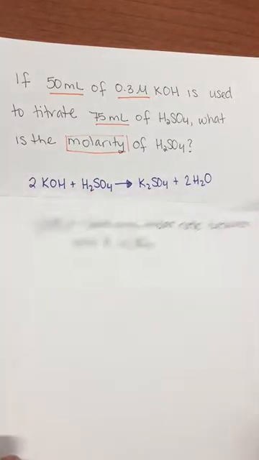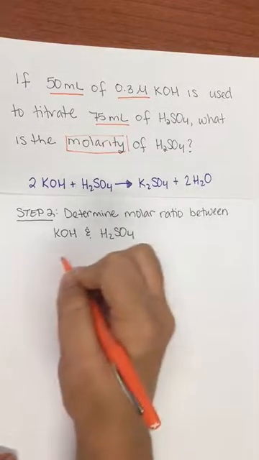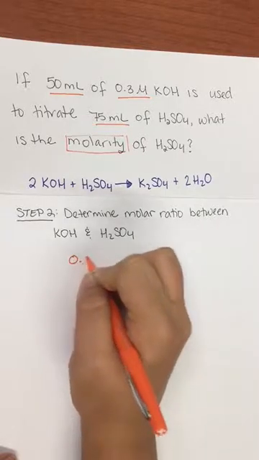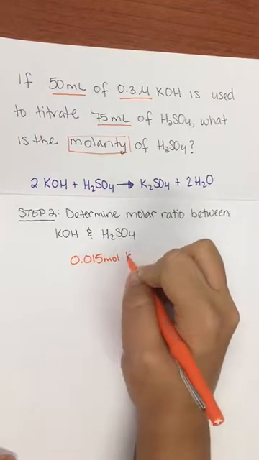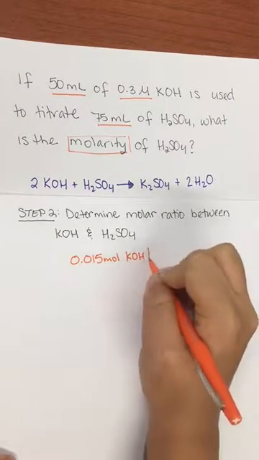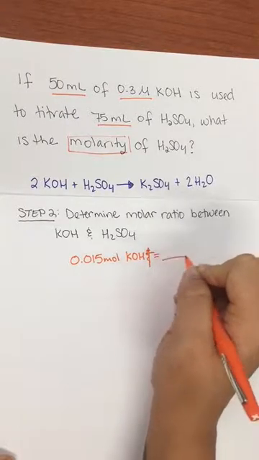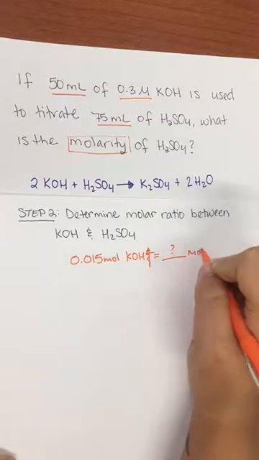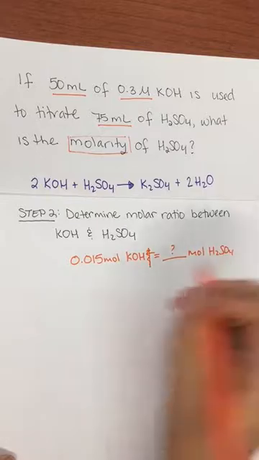So I have to use the molar ratio between KOH and H2SO4 to figure out how many moles of H2SO4 I have. I know that I have 0.015 mole KOH, and I'm trying to figure out how many mole H2SO4 that equals.